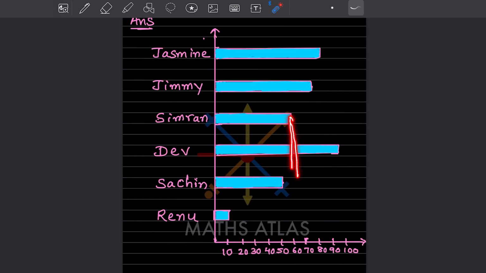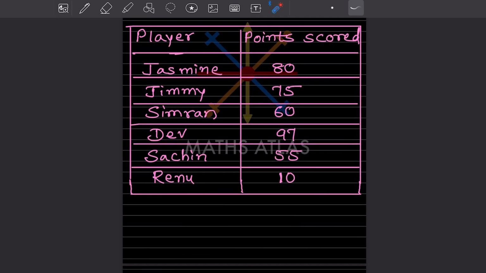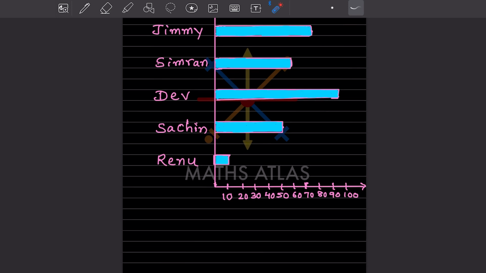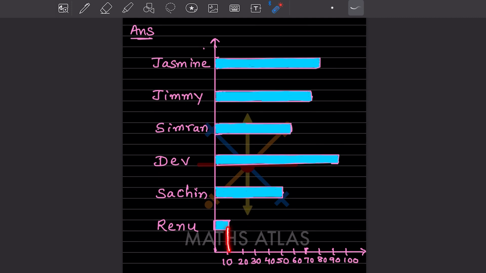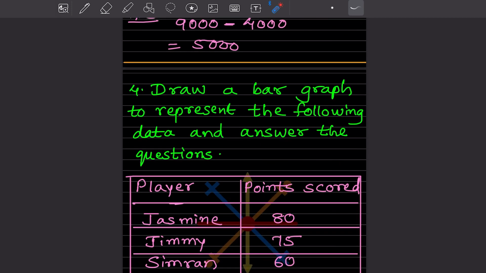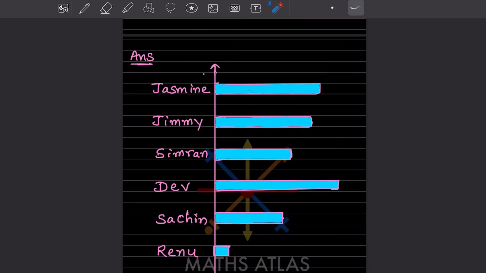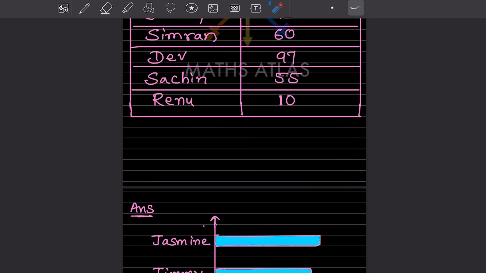So the line, when you take it with a scale, you will understand it better. This is 97. So here it will be somewhere over here. Dev and Sachin is 55. So 55 means in between 50 and 60. And this Renu is 10. So hope you got this. They just asked to draw a bar graph to represent the following data and answer. Then you have to answer the questions here. So this is the bar graph.